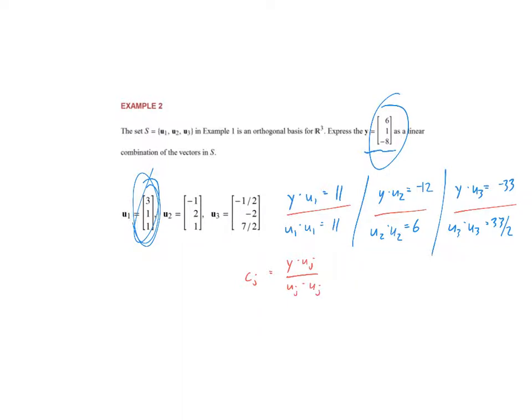Right? So take each of those three ratios, and we can write y as a linear combination of u1, u2, and u3. So u1, its coefficient is 1. u2, its coefficient is negative 2, right? Negative 12 over 6. And u3, its coefficient is also negative 2. That ratio simplifies to just negative 2.